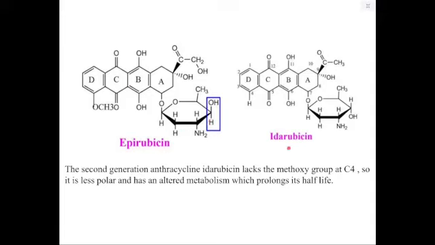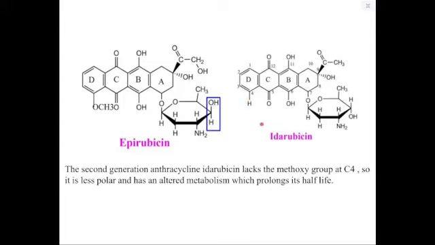In idarubicin, the sugar, there is no epimerization. So the position 4 hydroxyl group is just the same orientation as in doxorubicin and daunorubicin. The difference is at position number 4, where in place of a methoxy, you have a hydrogen. That is the main difference.